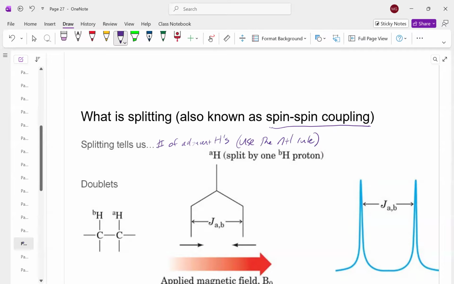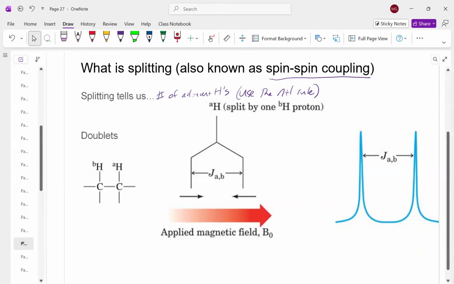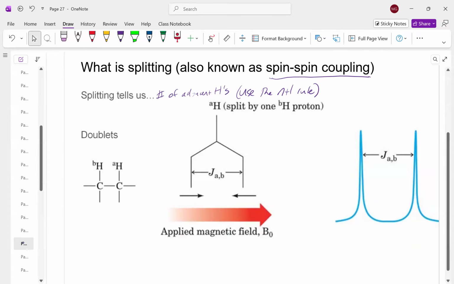So let's get into the nitty-gritty of why the n+1 rule works. Okay, we're going to focus on the A hydrogen here. And it's adjacent to just one other hydrogen, the B hydrogen. And what happens is that B hydrogen could either be aligned with the magnetic field, so that big, powerful electromagnet, or it can be aligned against it.